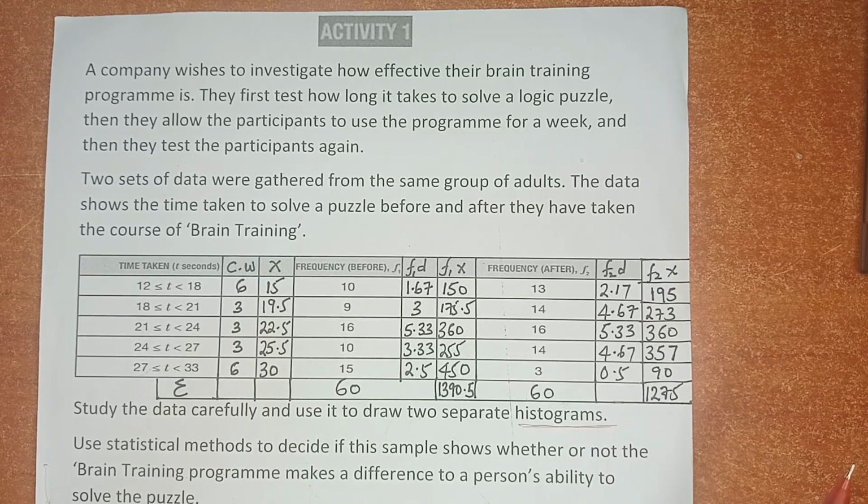Any adult, or most of the adults, should take less time after training than before. I thought about it, and I am going to use one measure called the mean and another measure called the median.